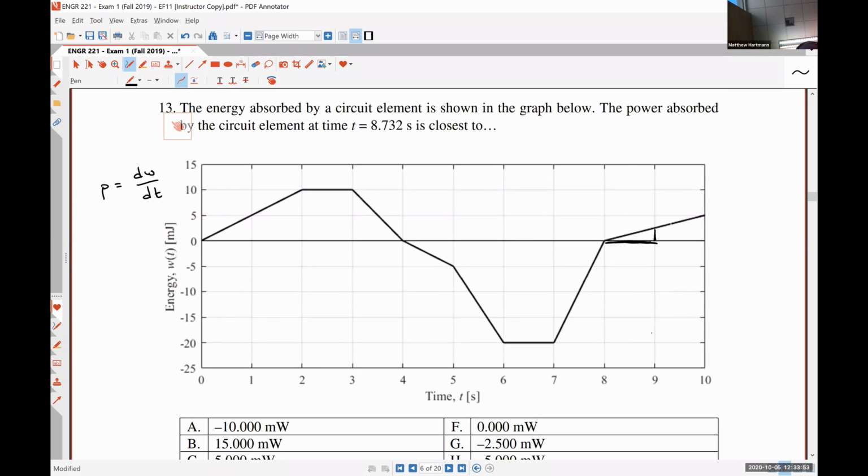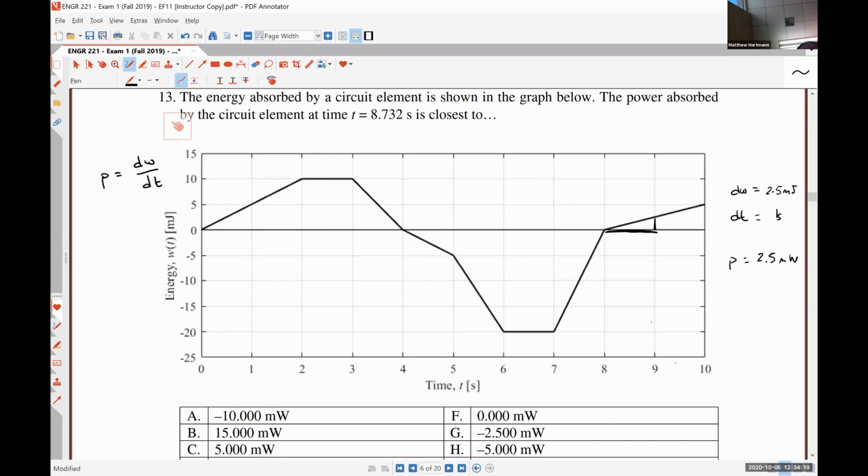The change in work is 2.5 millijoules. The change in time is 1 second. So the power is 2.5 millijoules per second, or 2.5 milliwatts. There we go.